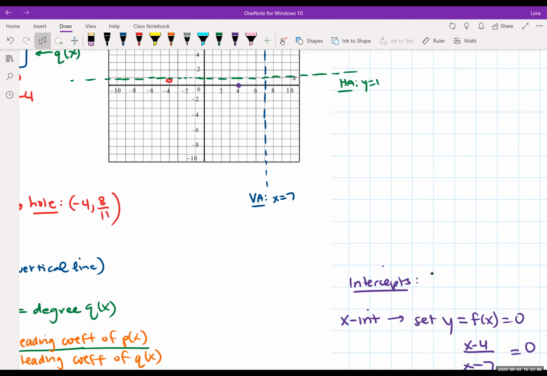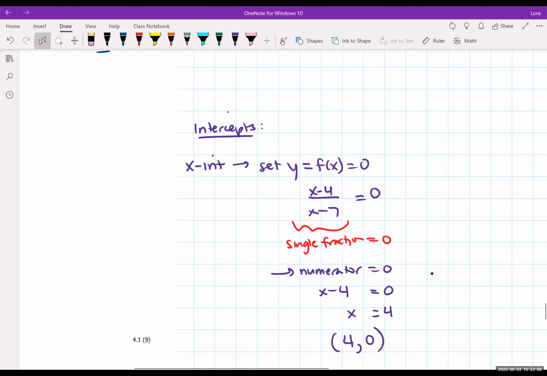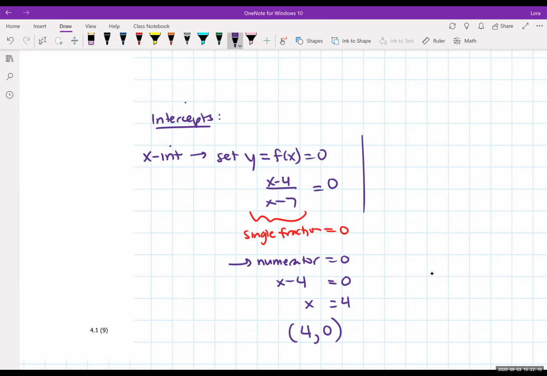And we shall do the same for the y-intercept. For a y-intercept, you're going to set x equal to 0. In other words, you're finding f of 0. If you plug that into your reduced function, you have 0 minus 4 over 0 minus 7. Divide out the negative signs, we have 4 over 7.